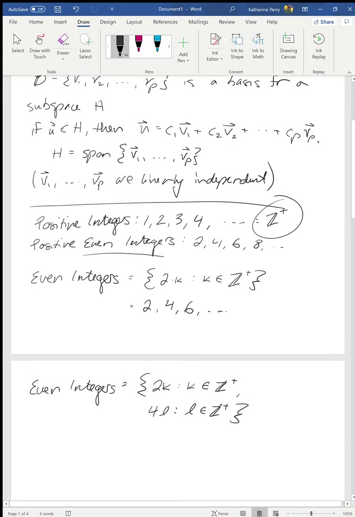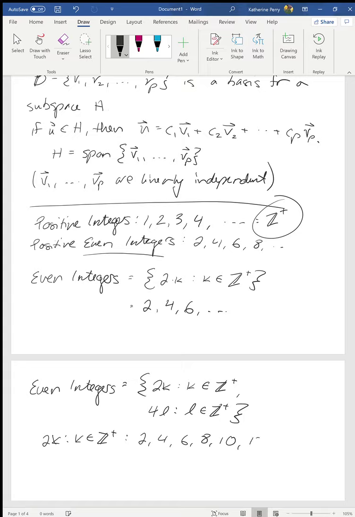And if I do that, this 2k, such that k is in Z+, gives me 2, 4, 6, 8, 10, 12, and so on. And this set 4L, such that L is a positive integer, gives me, when L is 1, this is 4. When L is 2, this is 8. And when L is 3, this is 12. And when it's 4, this is 16.